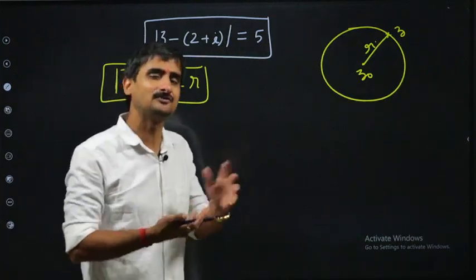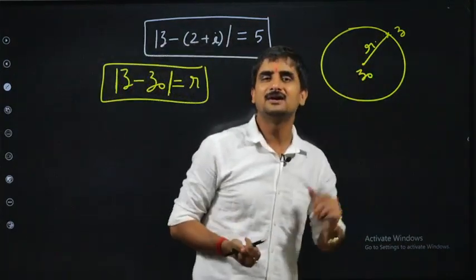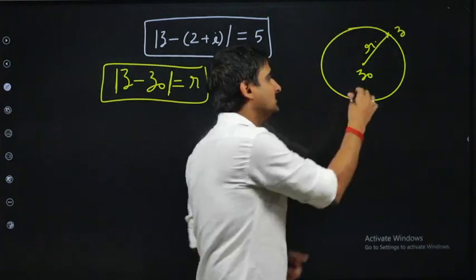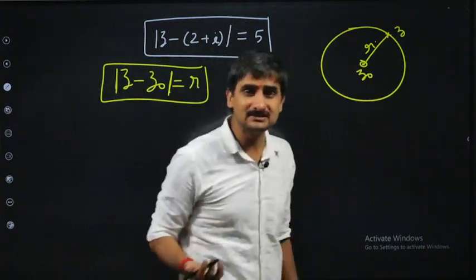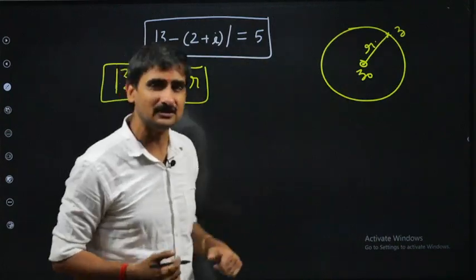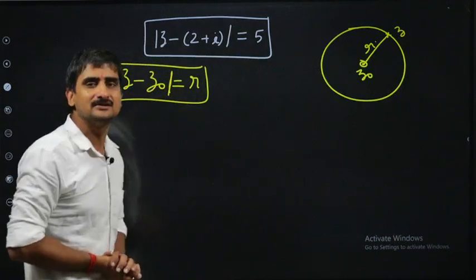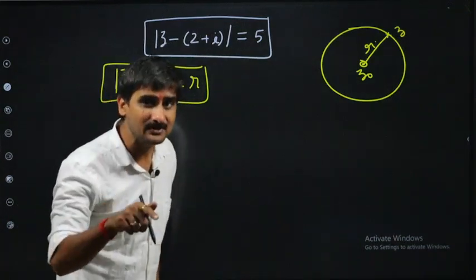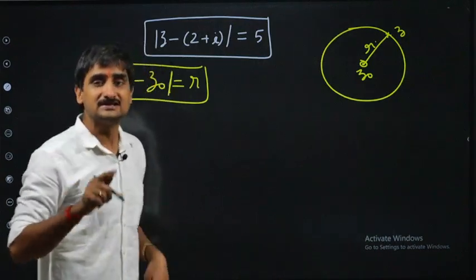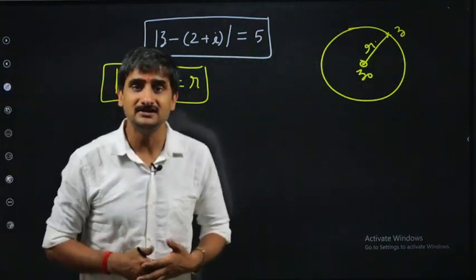The locus of the variable point is a circle for which the fixed point is the center and the fixed distance is the radius. Again I am repeating, mod of z minus z naught equal to r is a circle with center at z naught and radius r.